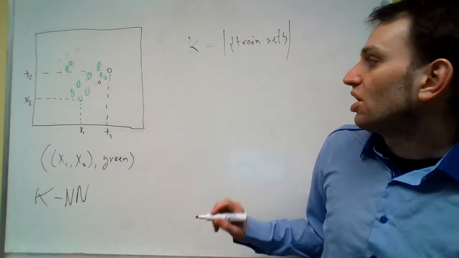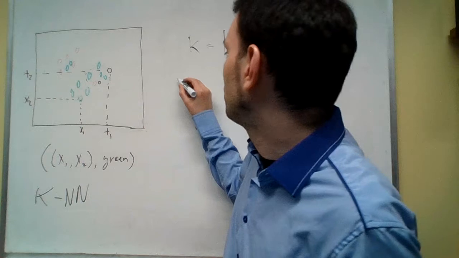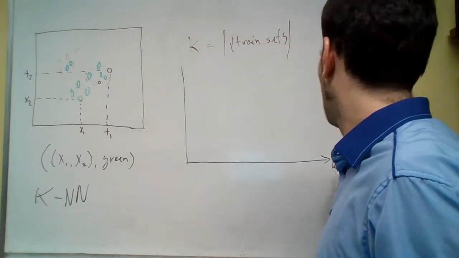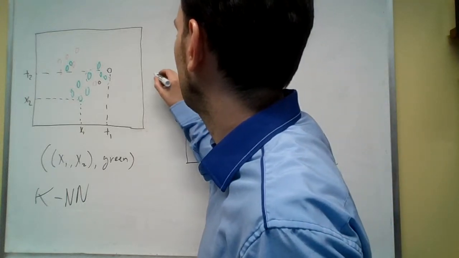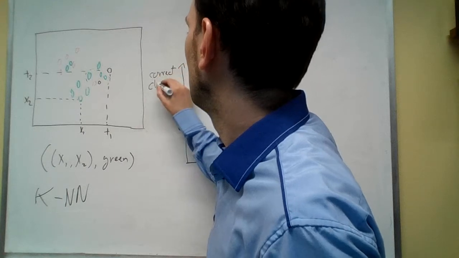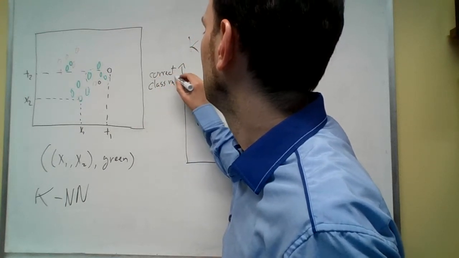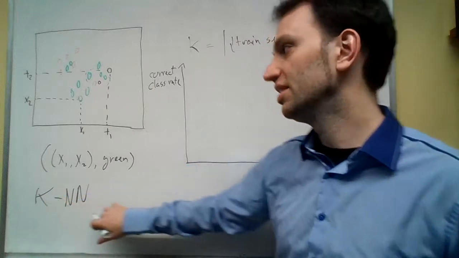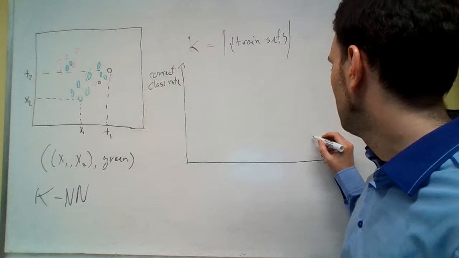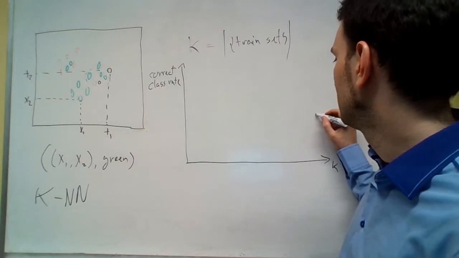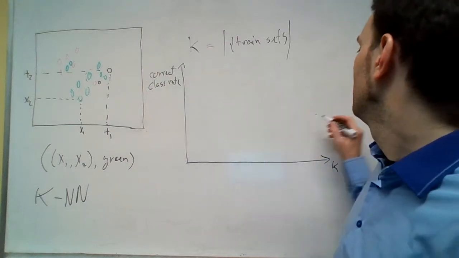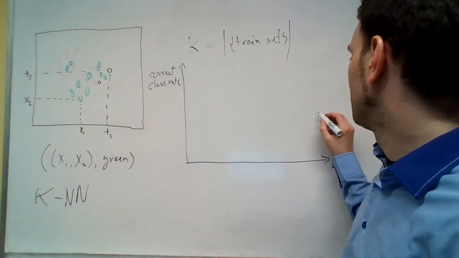So, okay, that means that if we try to draw the curve of the correct classification rate versus the K, where the K is the K in KNN, we'll eventually end up somewhere that's, if we have two classes, larger than 50%, but it's going to be somewhere here.